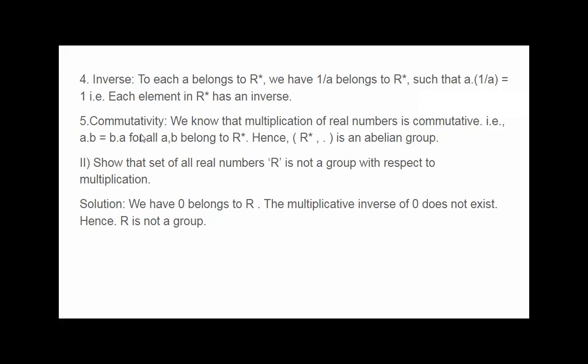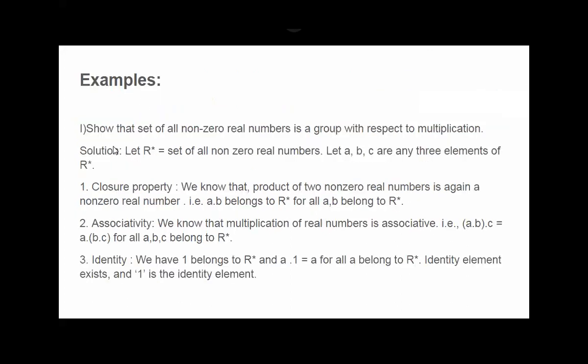All the elements in the group have their own inverse, and the operation performed on an element and its inverse gives us the identity element. Therefore the inverse property is also satisfied here. So it is a group. We have proved that the set of all non-zero real numbers is a group.